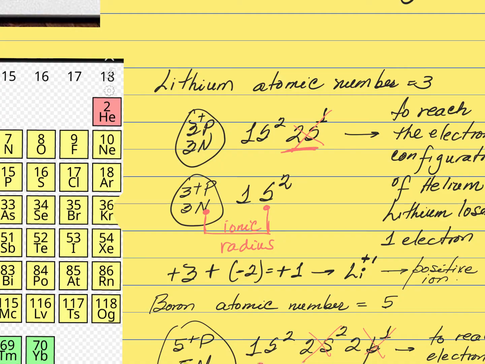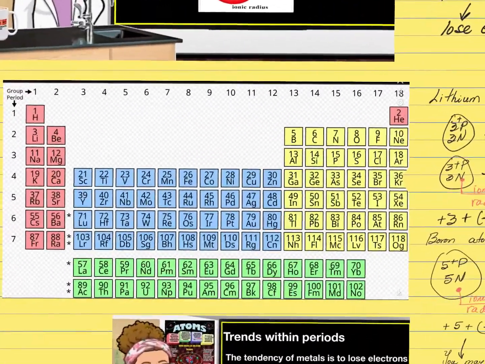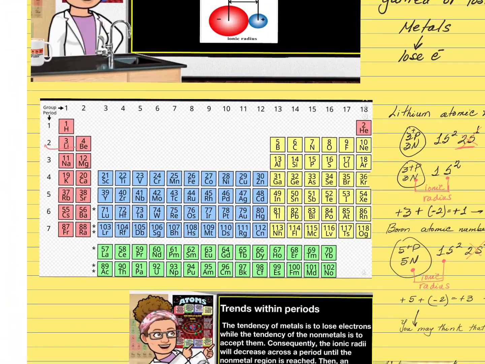Okay, but when you look at lithium, it is over here in period 2. So the noble gas that you have here at the end is neon with an atomic number equal to 10.